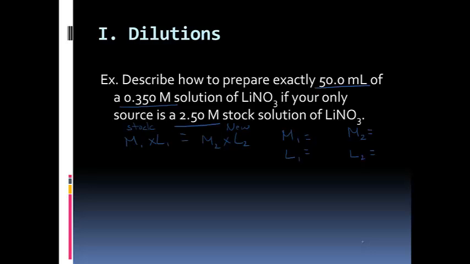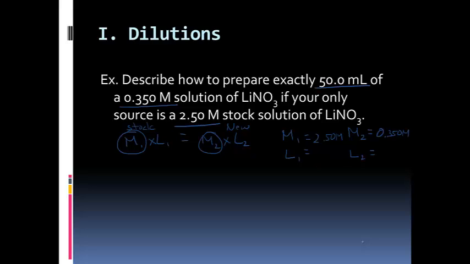Okay, so what do we know? Stock solution, we know the concentration, M1 is 2.50 molar. We know that the new solution has to have a concentration of 0.350 molar. Now, which one is going to be L2?